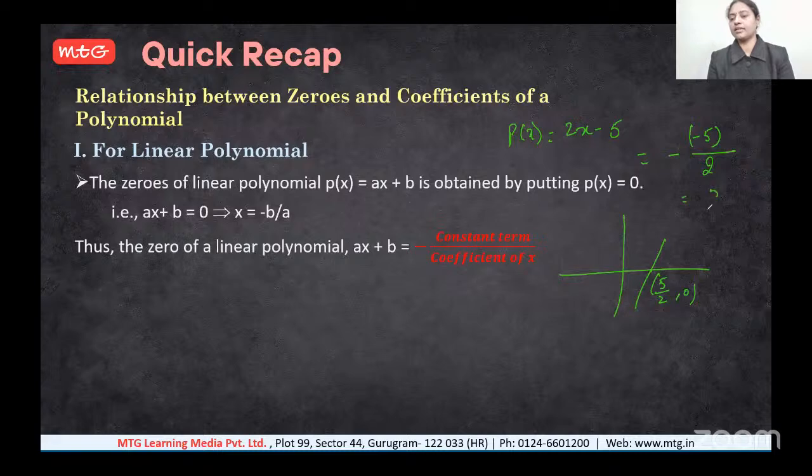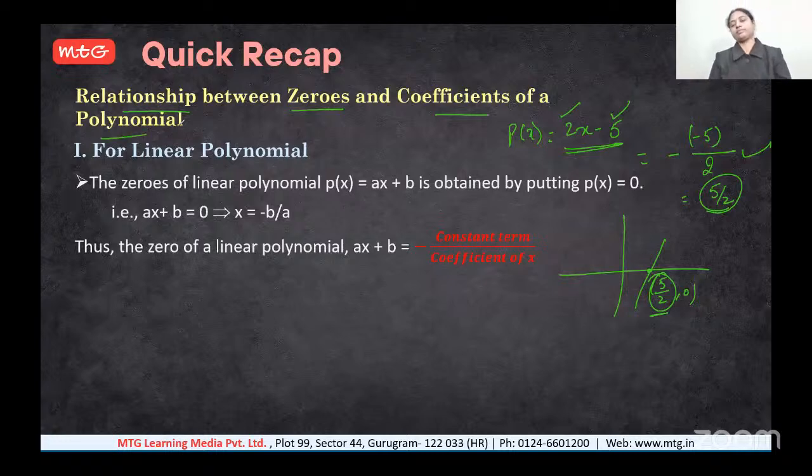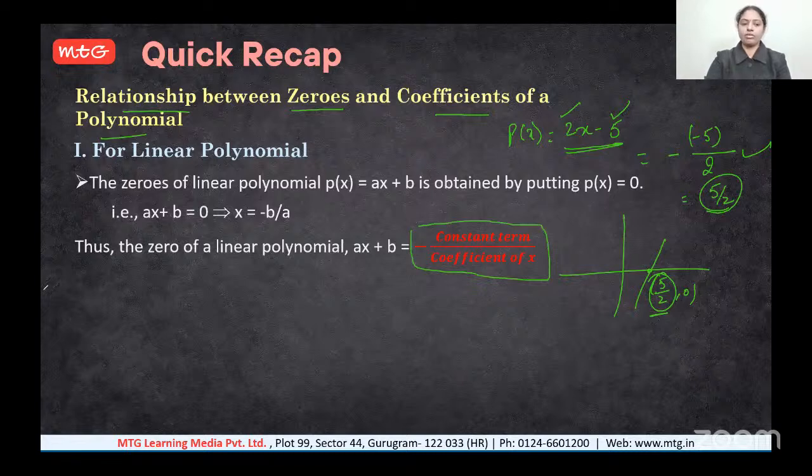So it is 5 by 2. The zero is nothing but the x coordinate of the point where it cuts the x-axis. So without drawing the graph, directly looking at the polynomial, we can calculate its zero by using the constant and the coefficients in it. So this is what the relation between zeros and coefficients of a polynomial is all about. Clear? Since it's a linear polynomial, it will have only one zero, and we can get it easily by this. So make a note of it.